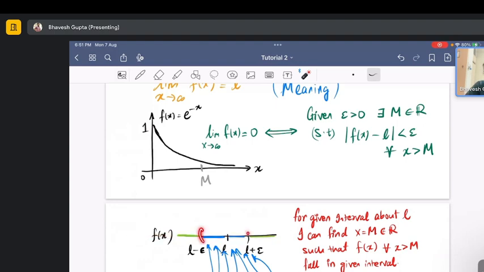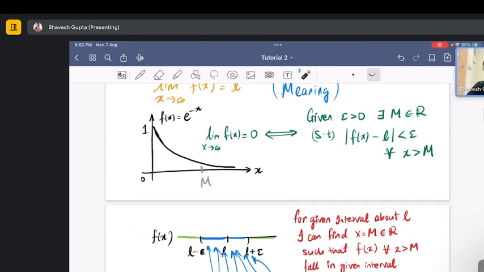You defined an interval around the limiting value, and the idea is that I can always find a large number, and if I take values more than the large number, these values will get mapped inside this interval. Always, I can always find it. But if I take values less than this, they will not get mapped inside this interval. I hope this is clear, right?